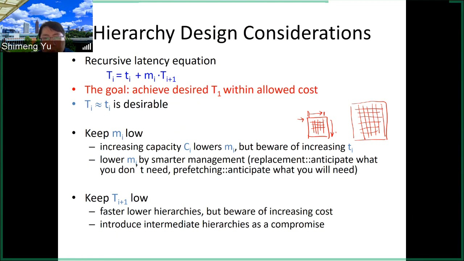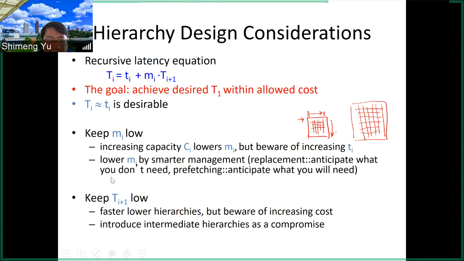You want the data you need to be stored in this level as much as possible. For example, you can count the frequency you use the data, so you keep the most frequently used data here, or you keep the recent data you used here and pick out the older data. So those are the topics for the cache policy in the computer architecture courses.